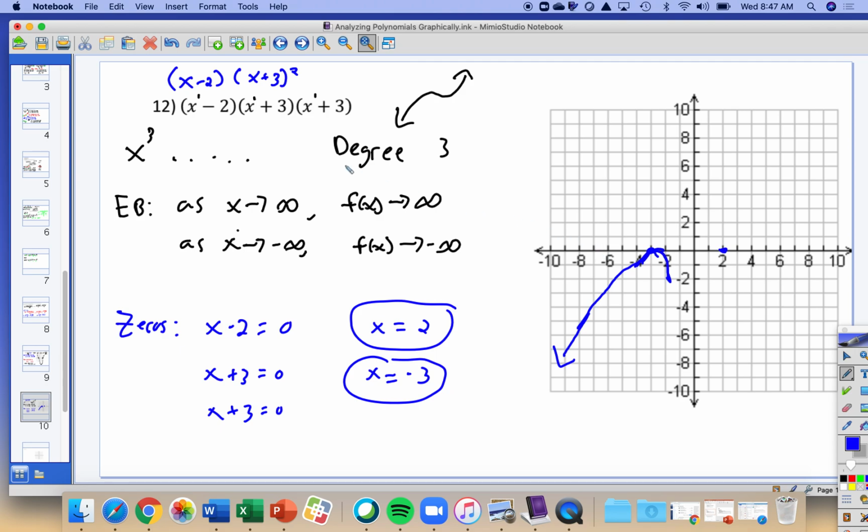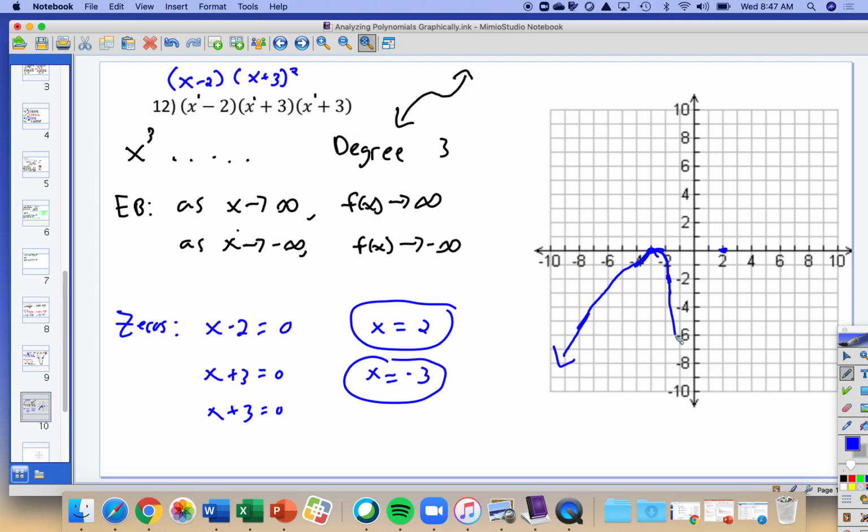If it's not repeated, like 2 is not repeated, I'm going to go directly through 2. But the repeated 0 makes me bounce off. So anytime you see a function that bounces off the x-axis and doesn't go through it, that's because there's a repeated 0 somewhere.